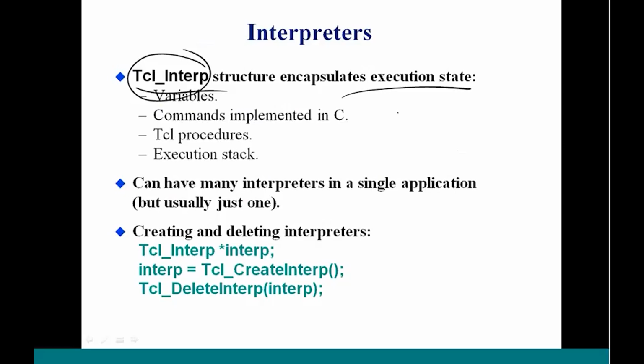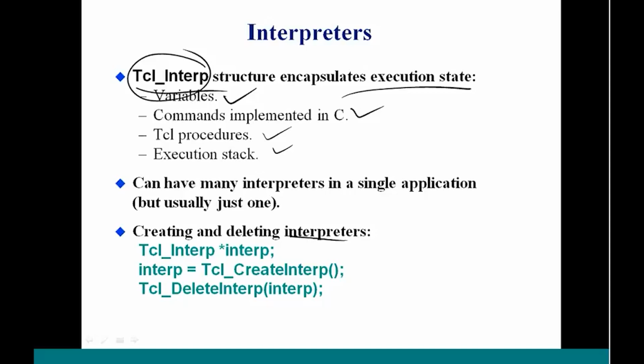What are the execution states? It has variables, the commands implemented in C, the Tcl procedures, and the execution stack. So it encapsulates the entire execution state. You can have many interpreters in a single application, but usually only one is active.